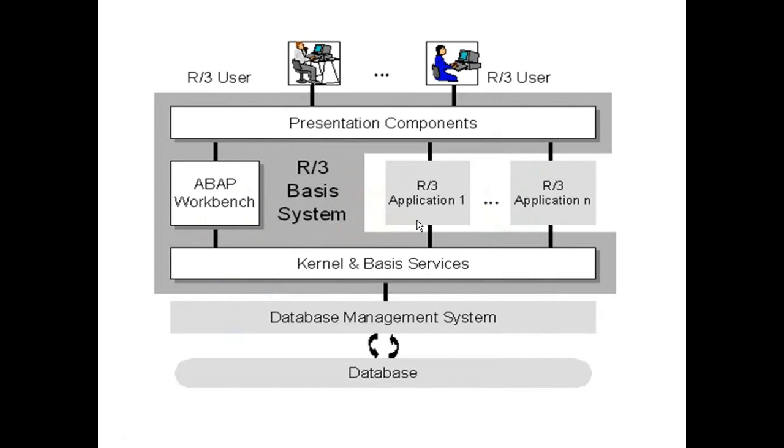Once I understand the requirements, I will create something called a functional specification document. That functional specification document contains what input the end user wants to give, what output he is expected to get from the system, and how the system should process the data inside.